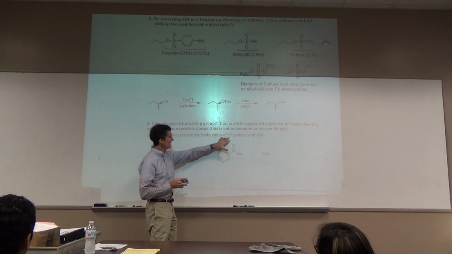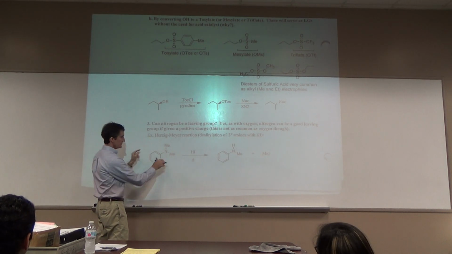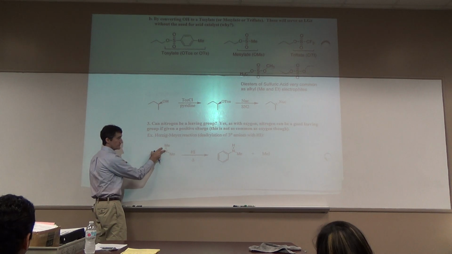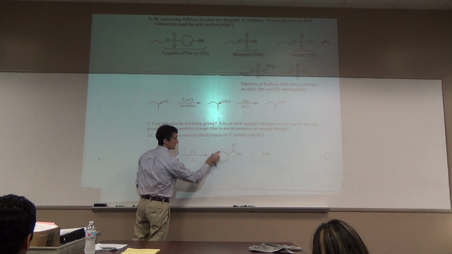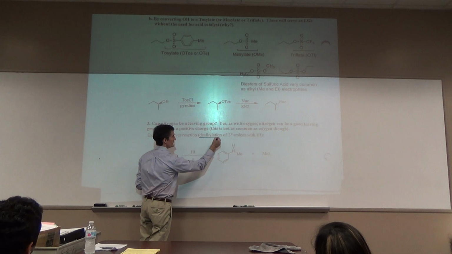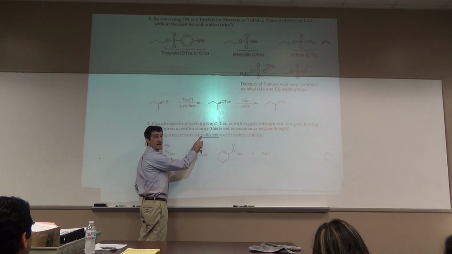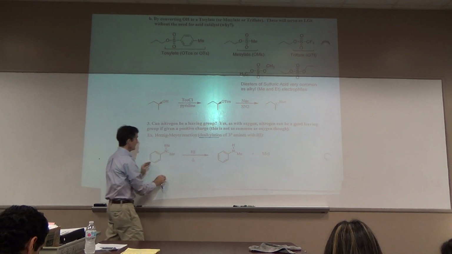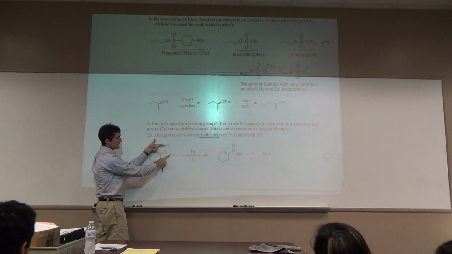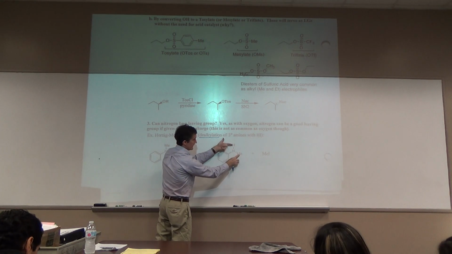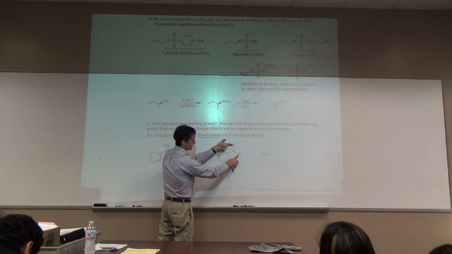This is a dealkylation of a tertiary amine. It's a tertiary amine. It's an aniline with HI. What does dealkylation mean? Removing an alkyl group. Two alkyl groups on the nitrogen. Now only one.